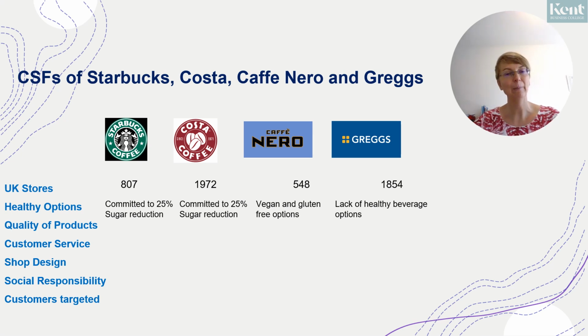I can also look up the options that they offer, because we see in society, through my PESTEL analysis, for example, that there's more health awareness among customers. So I can analyze the competitors across the health options and see, okay, some are very committed to reducing sugar, some offer vegan products, and others have healthy beverages.